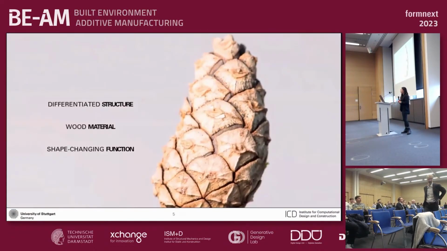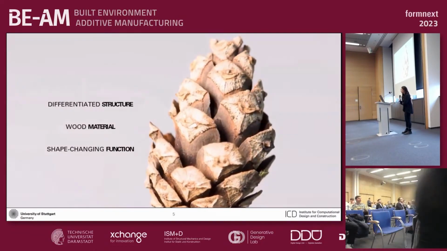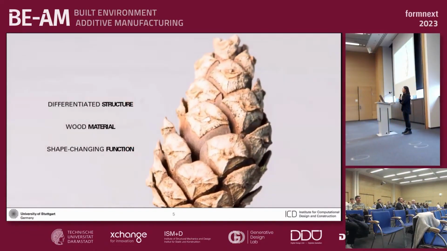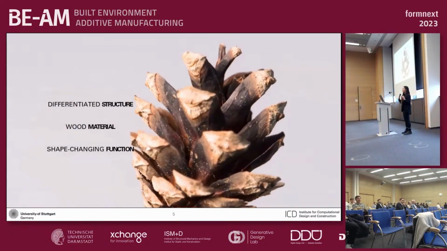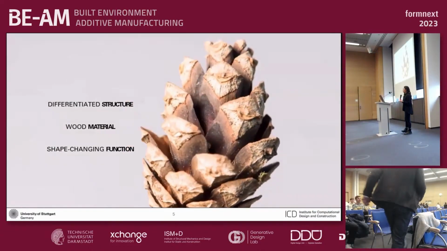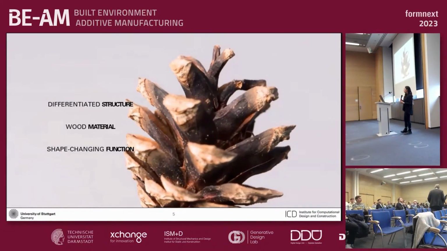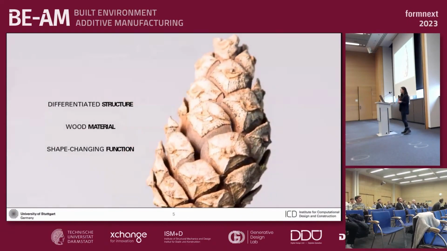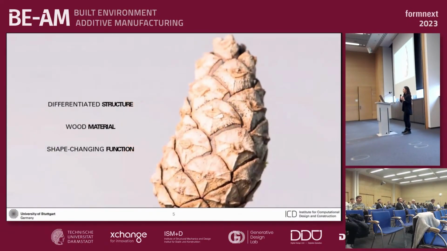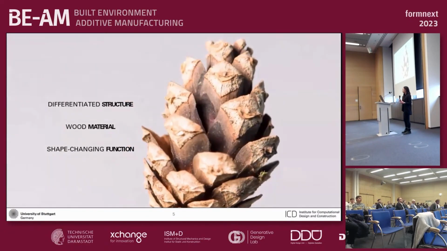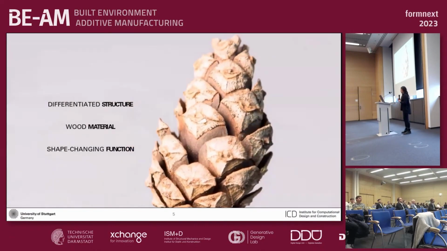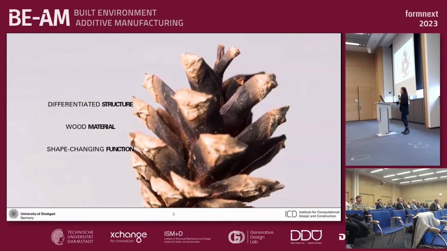Interestingly, I think we see a lot of this in nature. We see a lot of examples of natural materials that have this differentiated structure. They're also based on natural materials such as wood and other biopolymers, and they're able to autonomously change shape and react to the environment to perform a variety of very complex tasks, such as seed dispersal.